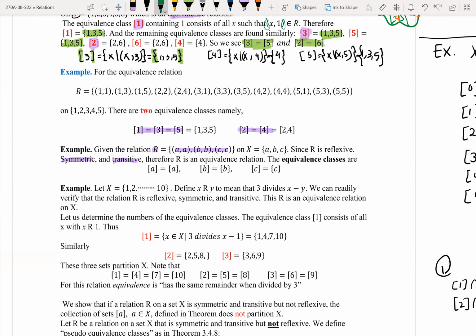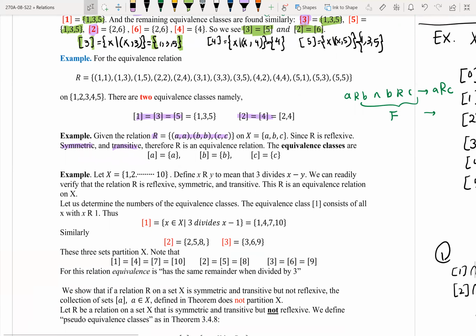When you say A is related to B and B is related to C, transitive says A has to be related to C. When your relation has none of those, then it doesn't matter what the next one is. When your first part is false, the statement is always true, because your relation doesn't have anything except AA, BB, CC.